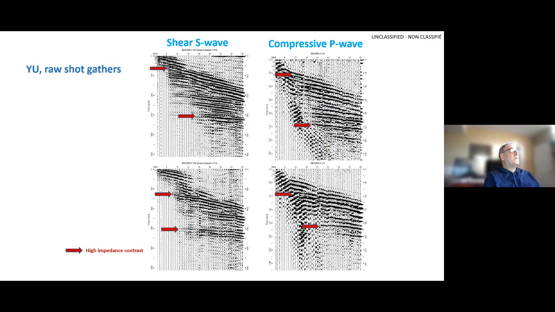So here is a comparison of shear wave to the left, raw records, and the compressional P wave to the right. And you see that shear wave has a much higher resolution, higher quality data here.